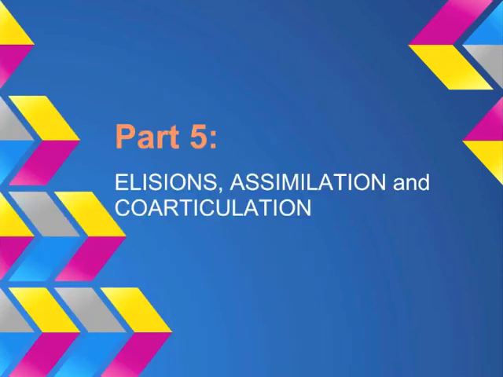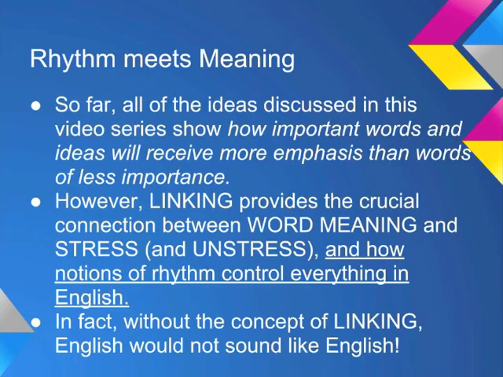Part 5. Elisions, assimilation, and coarticulation. Rhythm meets meaning. So far, all of the ideas discussed in this video series show how important words and ideas will receive more emphasis than words of less importance.